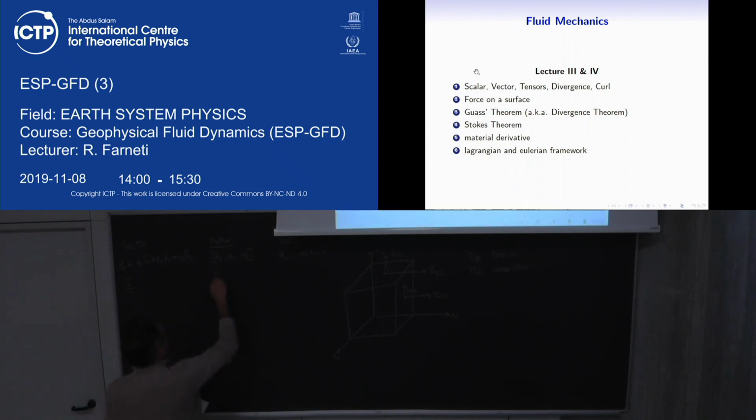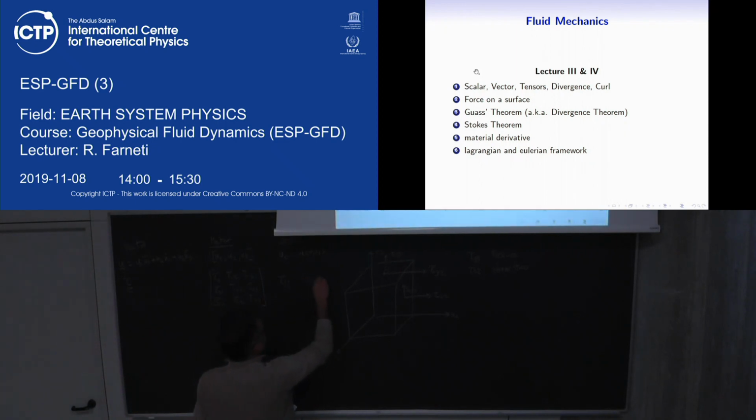A tensor in matrix notation would be a 3 by 3 array already. Okay. And a second order tensor in tensor notation would be tau ij, which is that example over there, for i and j, 1, 2, 3. Okay? So that's the difference between the notations.